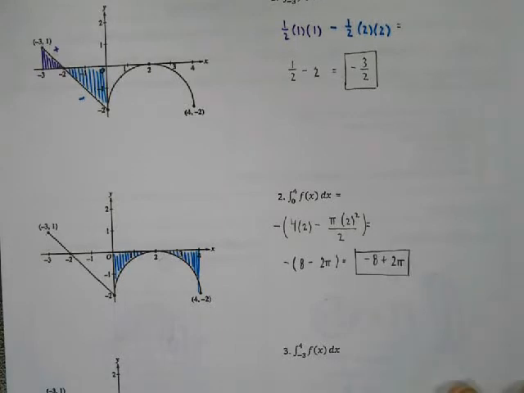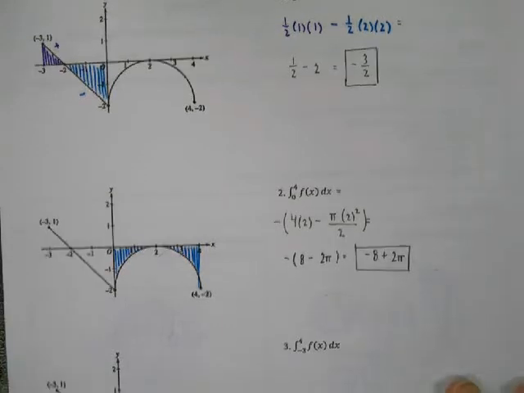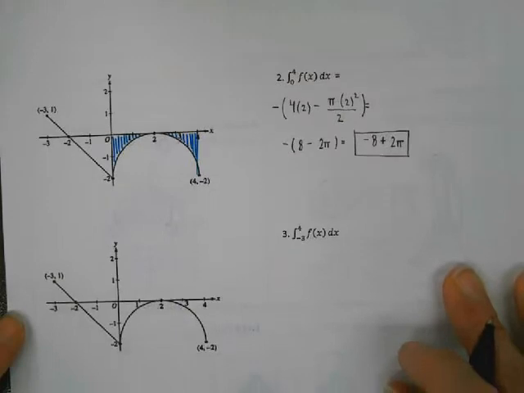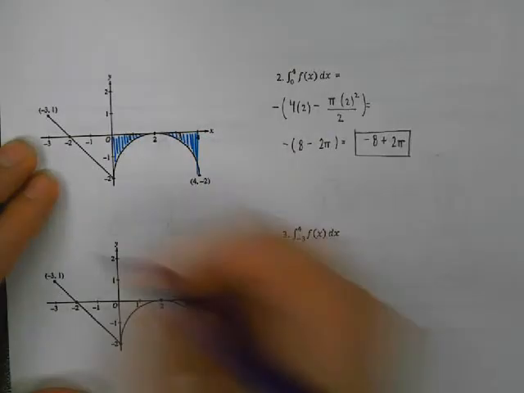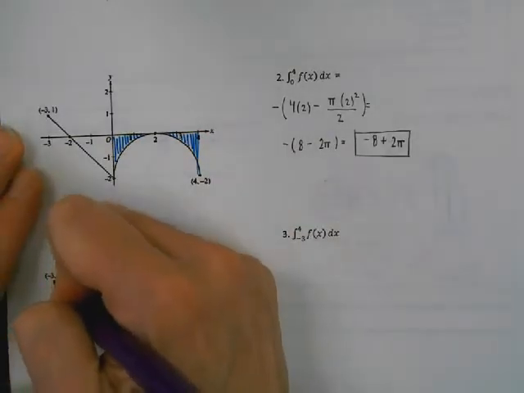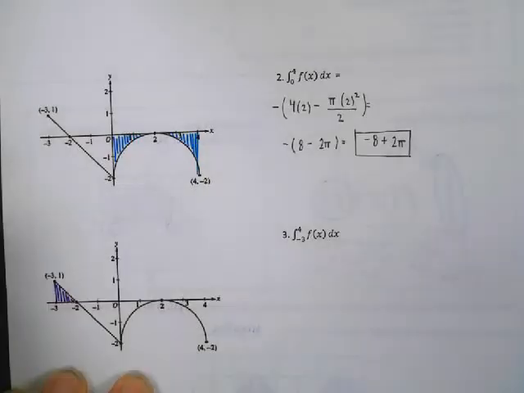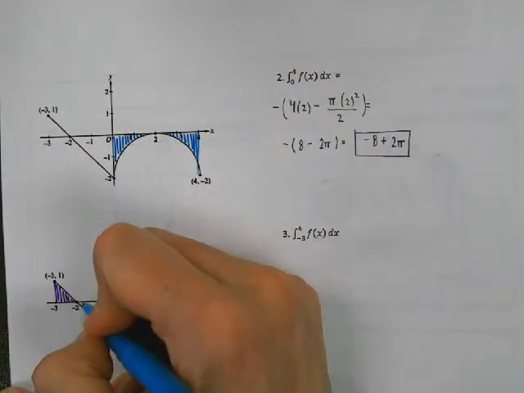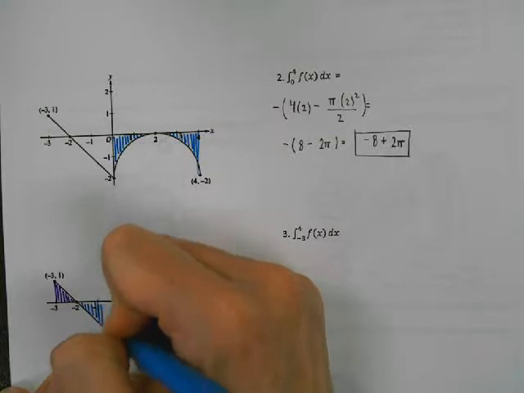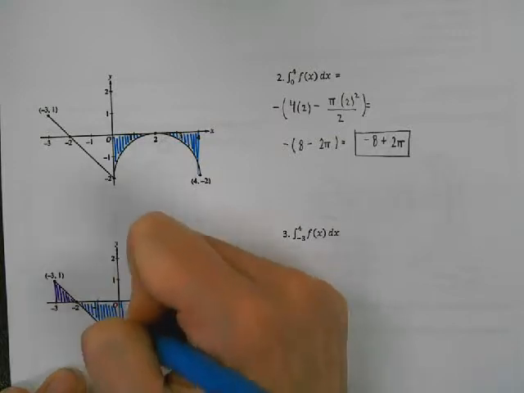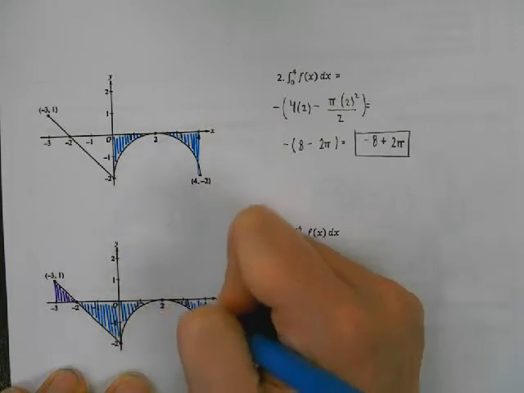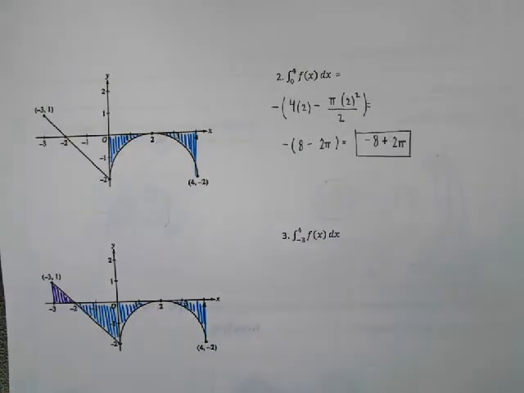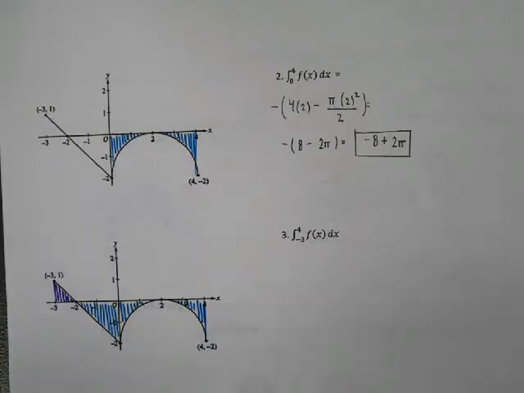All right, last one here. Now I'm looking for the area between this curve and the x-axis from negative 3 all the way to 4. I'm doing this blue again because I'm below. So I want to figure out the value of that integral. Well, the nice thing here is I can reuse what I've already done.